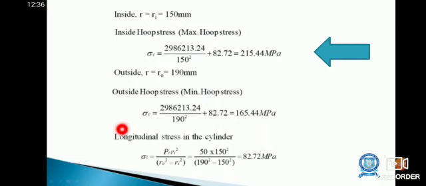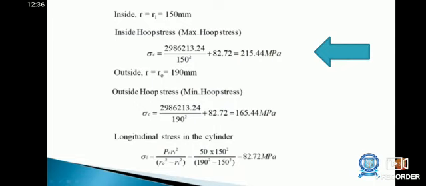Next we have to find out the longitudinal stress in the cylinder. The formula: sigma L is equal to Pi Ri square divided by Ro square minus Ri square. So we apply all the given values and calculated values.